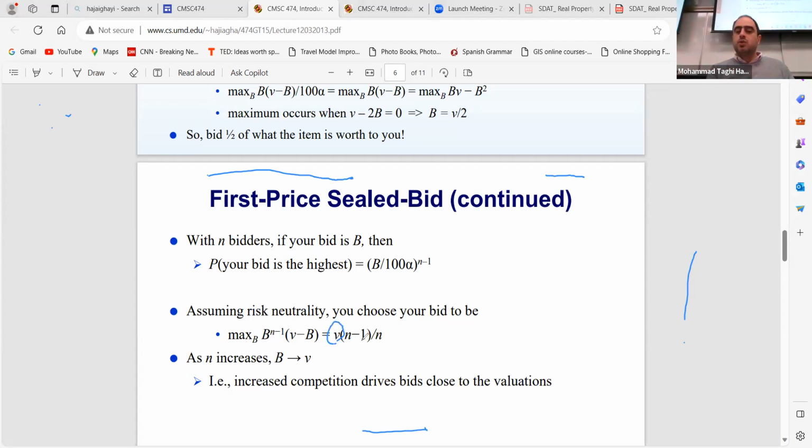So if there were two bidders, n minus 1 over n would be half. But as n increases, b should be closer and closer to v. Essentially, increased competition drives bids closer to the actual valuation.